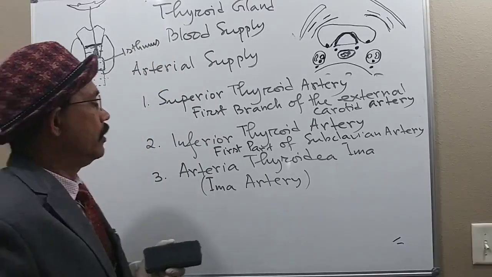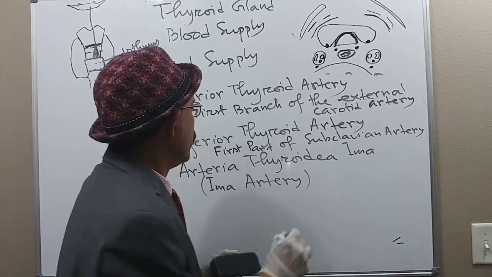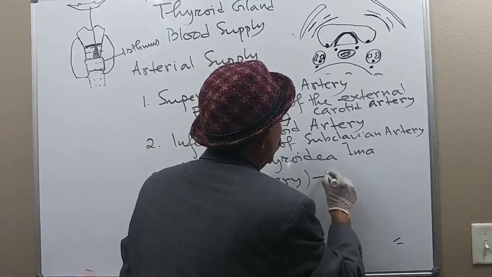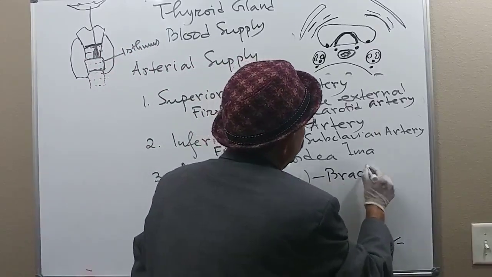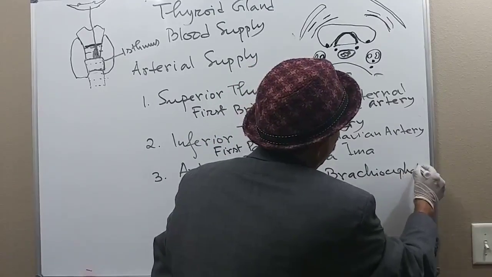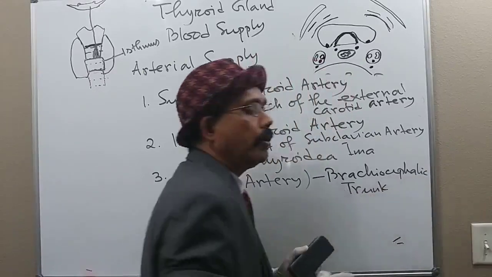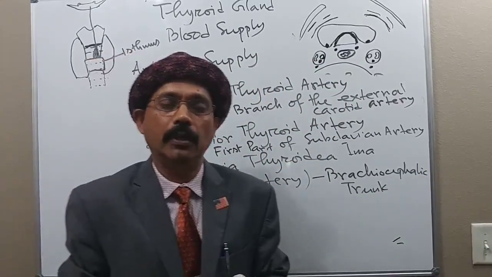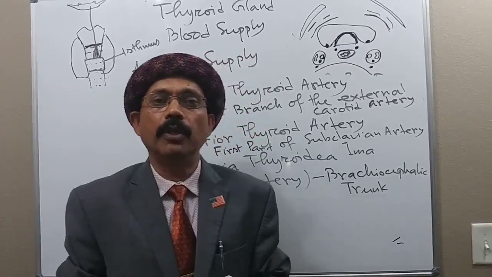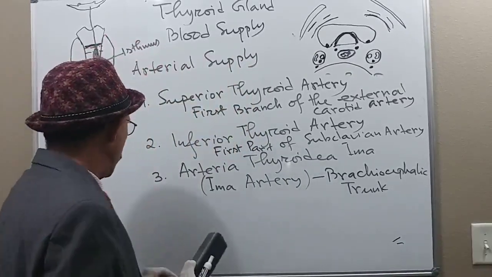That is usually a branch of the brachiocephalic trunk, but it may be a branch of the arch of the aorta or the subclavian artery. We got the arterial supply.